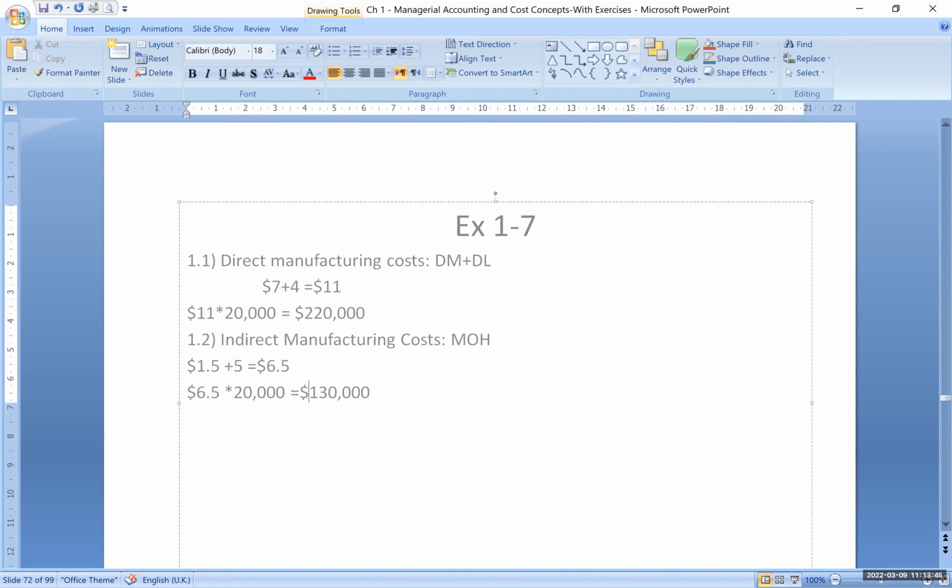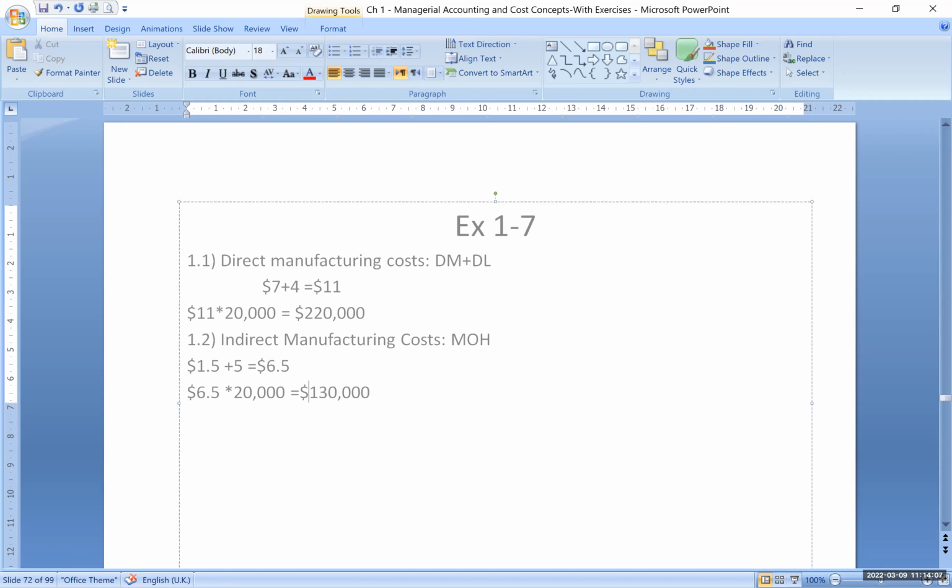This was the answer for the first question, A and B, or 1 or 2. Note that the average fixed manufacturing overhead cost per unit, $5, is valid for only one level of activity, which is the 20,000 units produced.